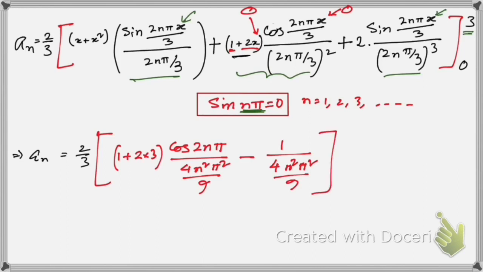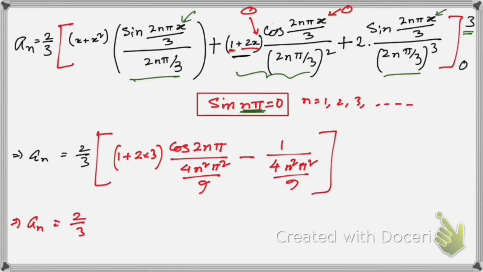So now cos of n pi is minus 1 to the power n, but we have cos of twice n pi, that's going to be minus 1 to the power twice n. So twice n must be even, so that's why its value must be plus 1. So that's why we're going to have an is equal to 2 by 3.